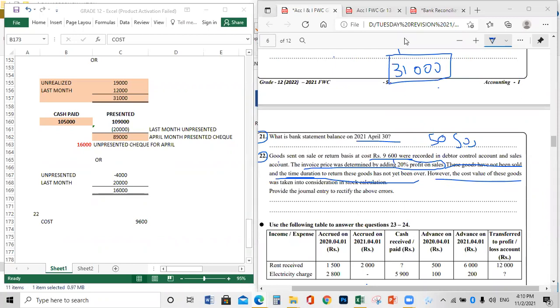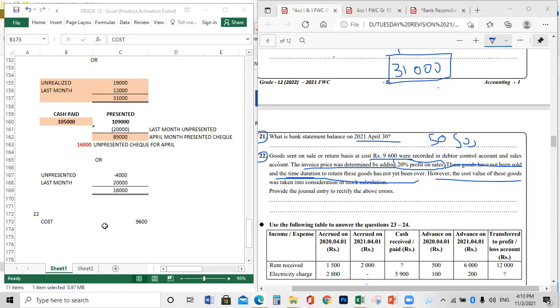Guys, they have included it, they haven't deducted it, because they say they took that into consideration when they calculated the stock. So the only problem is they recorded it in the debtors account and sales account, even though it is not a sale.